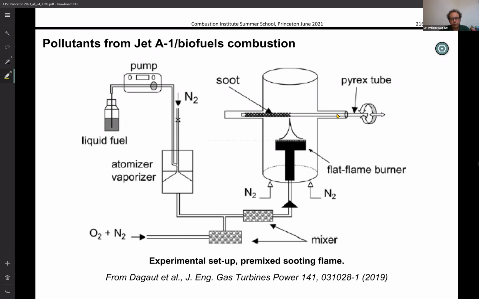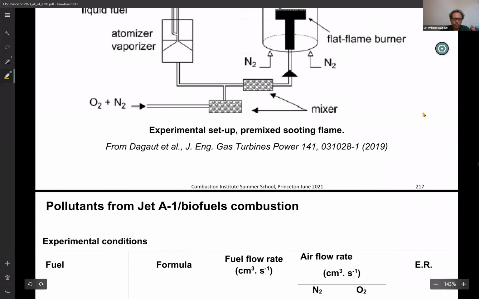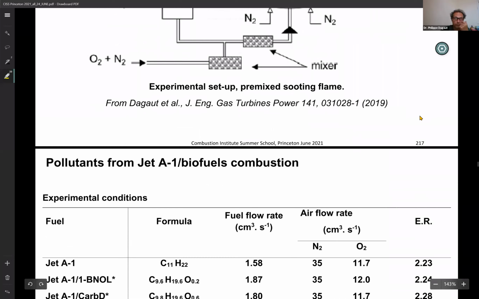And we collect soot on the rod here under controlled conditions. Then we remove this rod, collect the soot that was deposited on top of it. We weigh it, and we analyze the content of what's stuck on the surface.